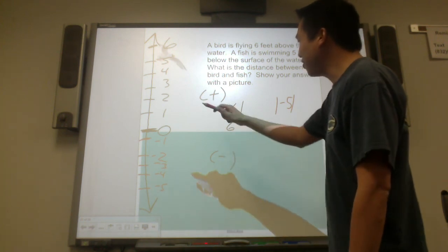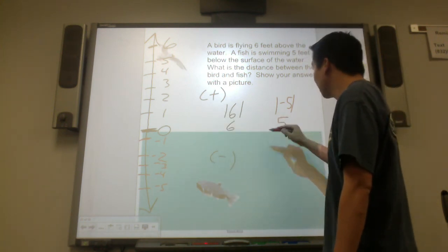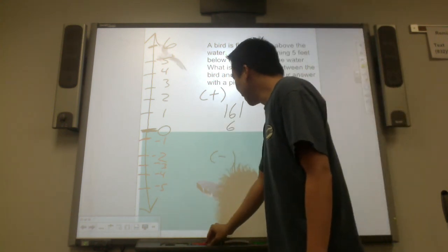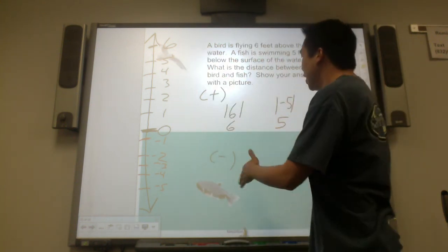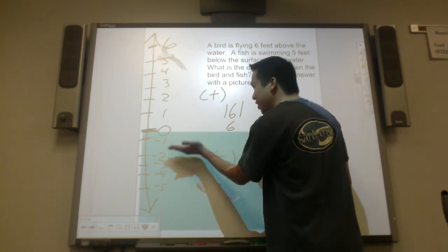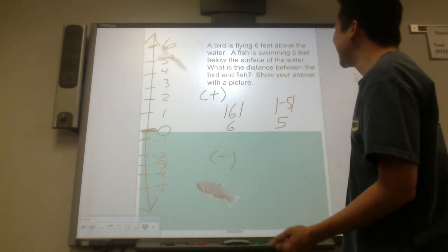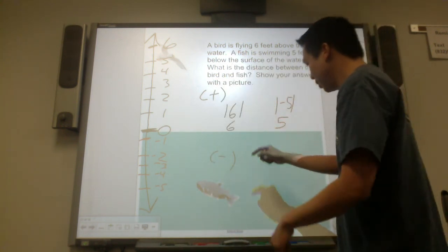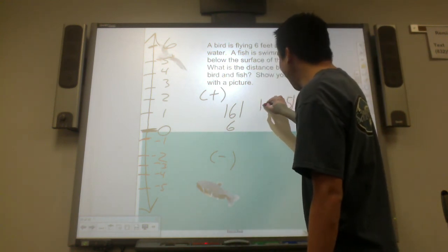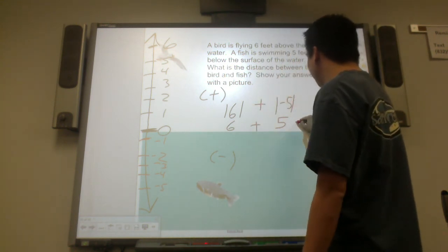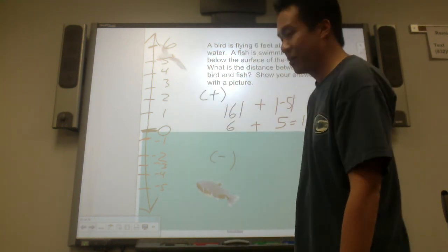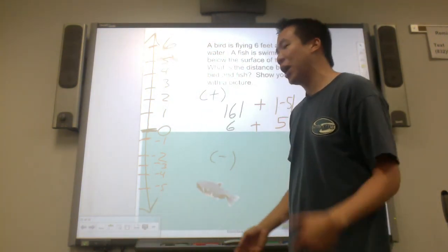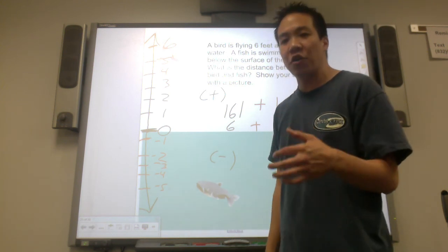Isn't he 5 feet from 0? So the bird is 6 feet from 0, and the fish is 5 feet from 0. What is the distance between them? Oh, so they want us to add this up. 6 plus 5 is 11. That's the total distance. So this is the study of absolute value. Absolute value is the distance from 0.